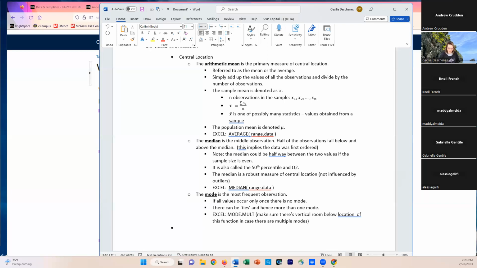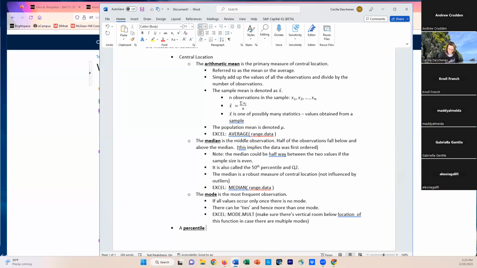So that's central location. We're talking about measures of location. The other big topic is percentiles. We started to talk about this when we were talking about binning, with the same numbers in each bin. I gave you a review already on percentiles, so let's just put it here for completeness' sake. I'm not going to reteach what I already taught last week, which was already a review of earlier statistics courses.